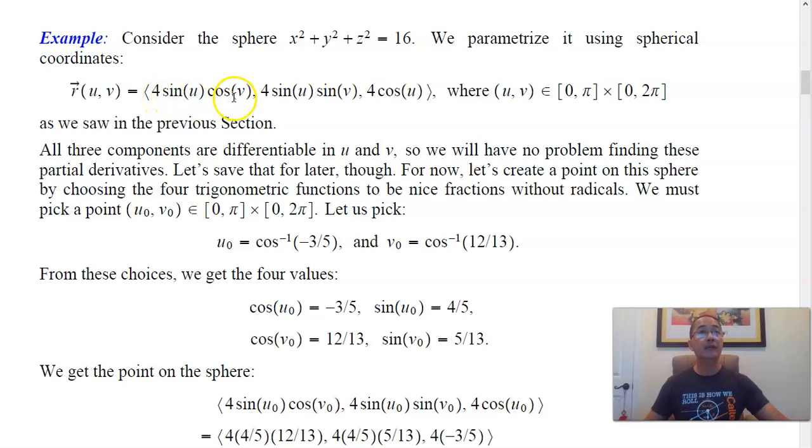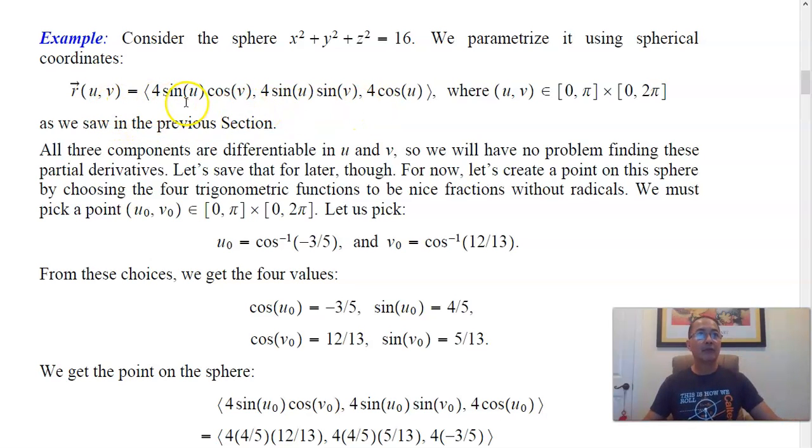So 4 sine u cosine v becomes 4 cosine u cosine v. And then we have 4 sine u sine v, so that is also 4 cosine u sine of v. The v does not change. 4 cosine u, take the derivative with respect to u, we get negative 4 sine of u. I hope you wrote that down.